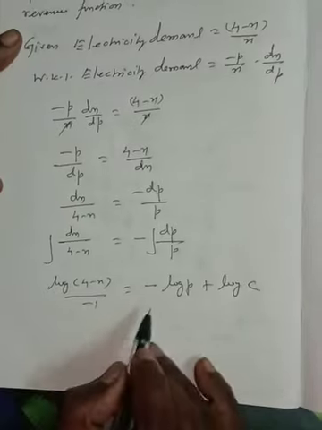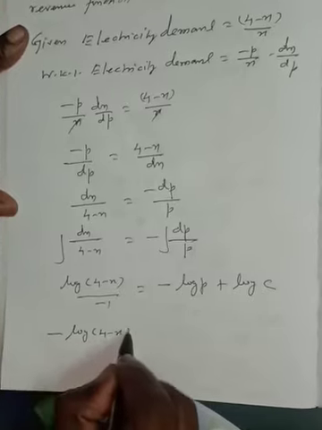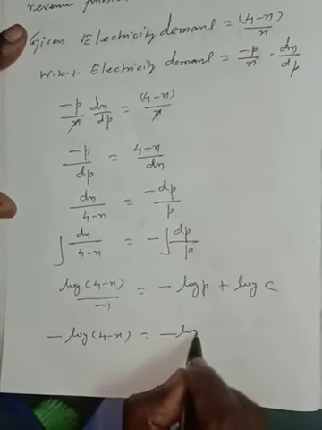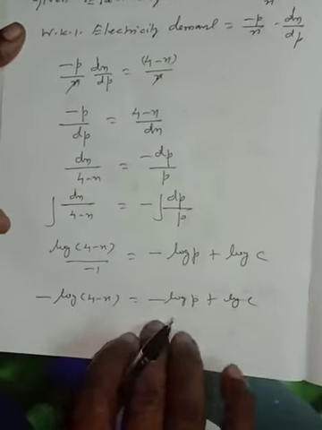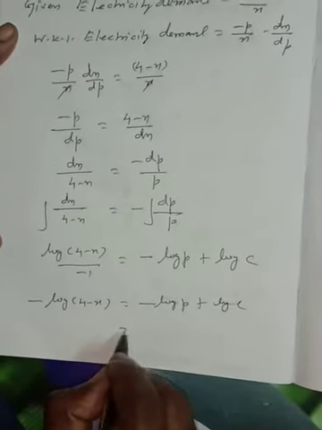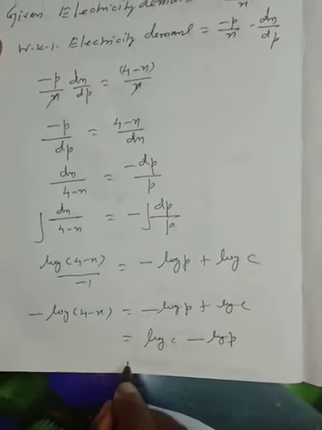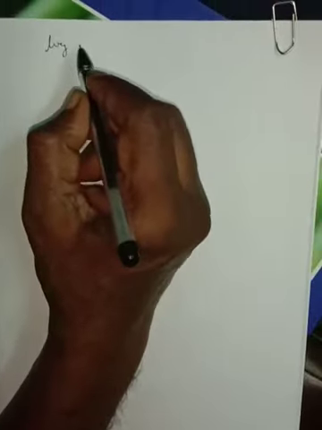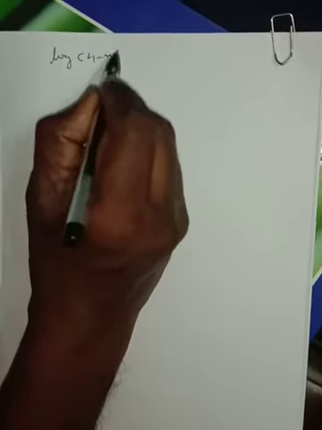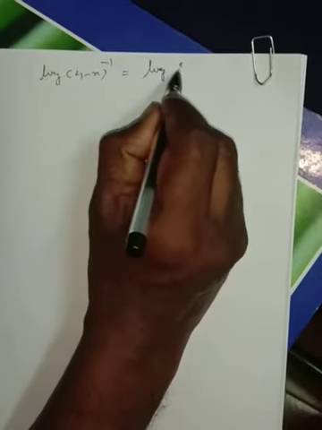Now minus log of (4 minus x) is equal to minus log p plus log c. Log c minus log p is log c by p. So minus log (4 minus x) is equal to log of c divided by p. Minus log x means x to the power minus 1, so (4 minus x) to the power of minus 1 is equal to c divided by p.